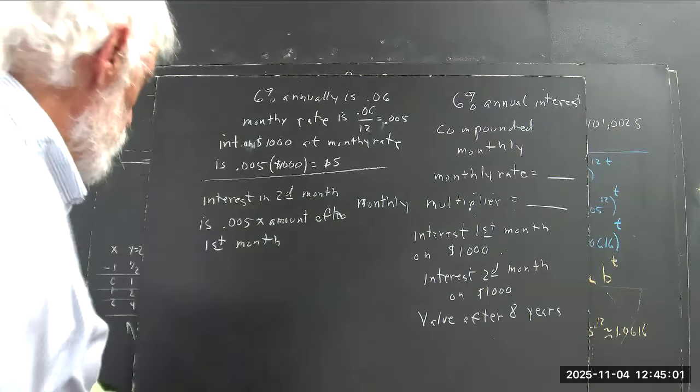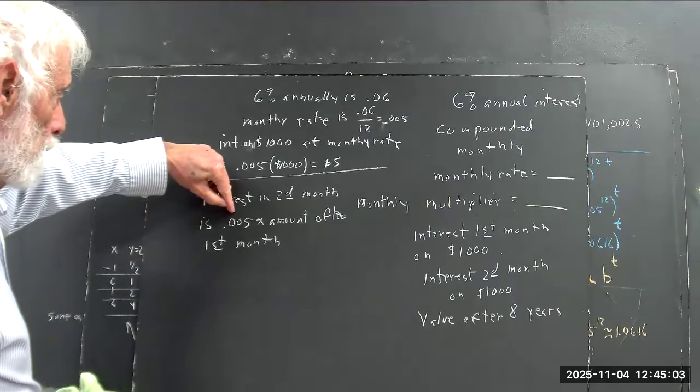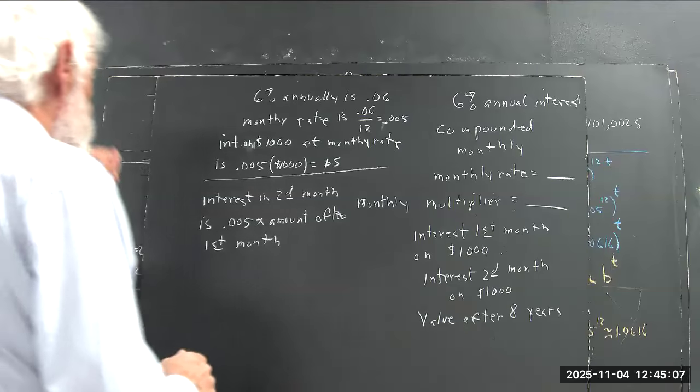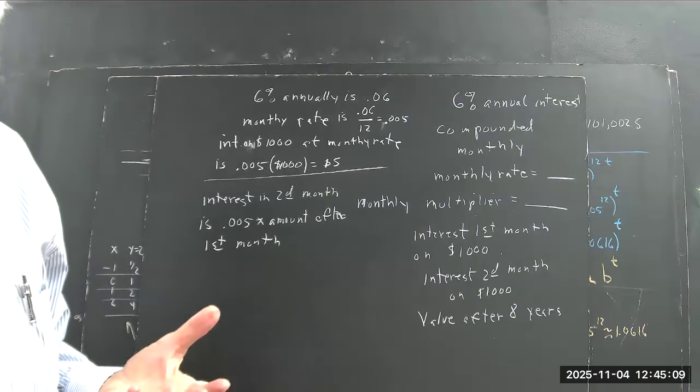That word is after. 0.005 times the amount after the first month. What's the amount after the first month?